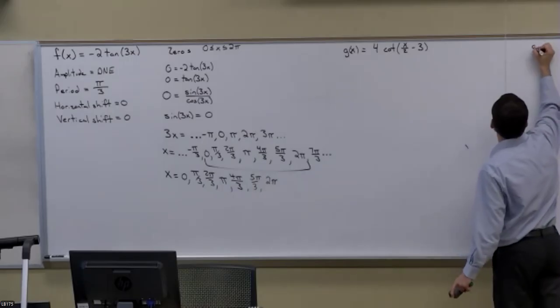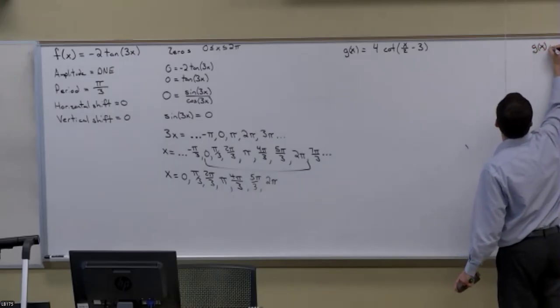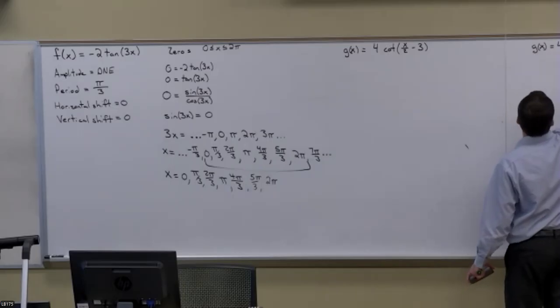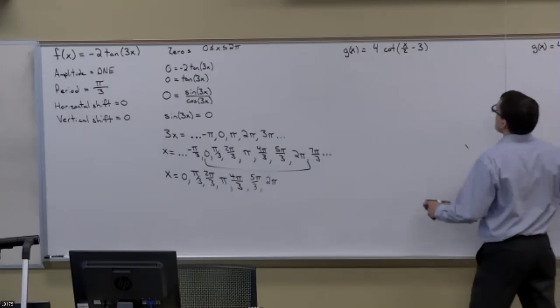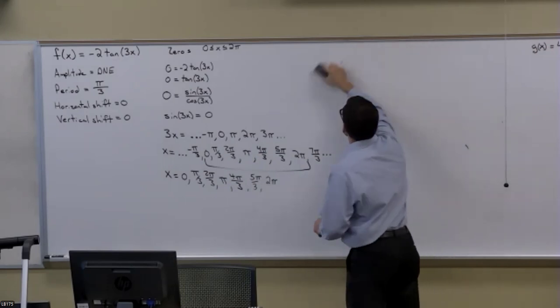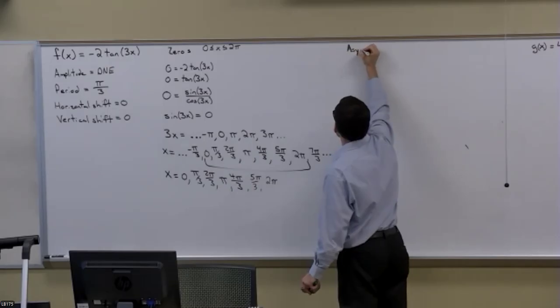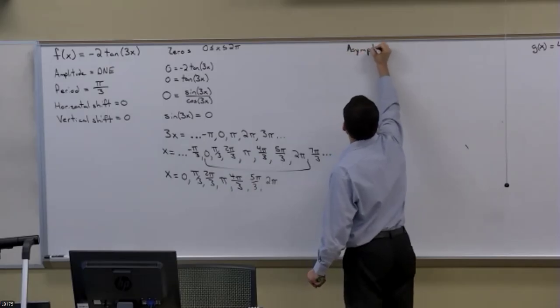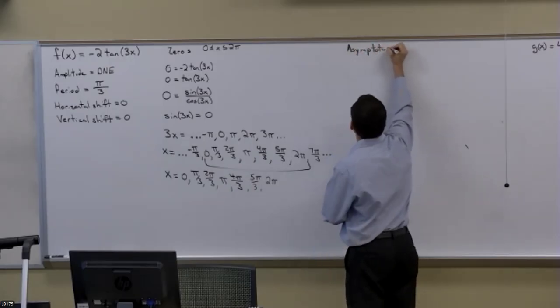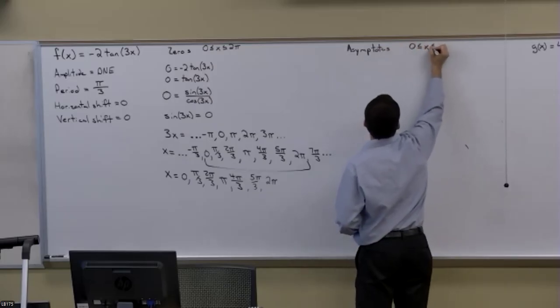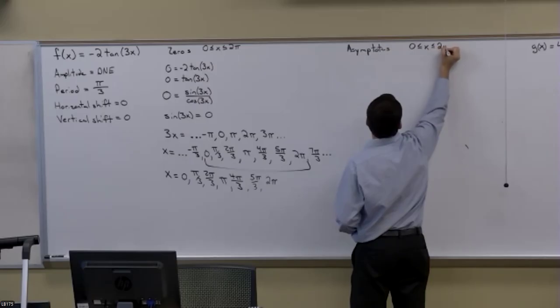I'll write the other one over here because I'll run out of room. Okay. Let's do the asymptotes. Again, asymptotes for x values between 0 and 2 pi.